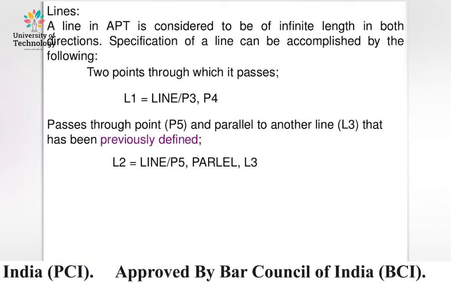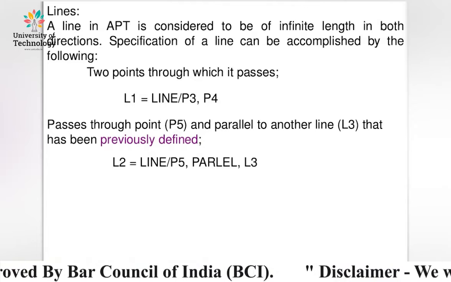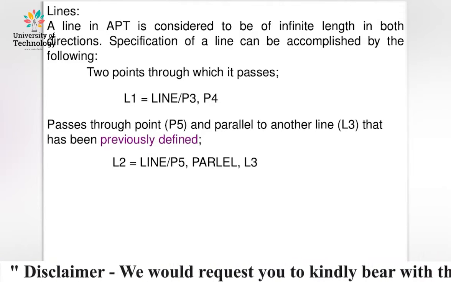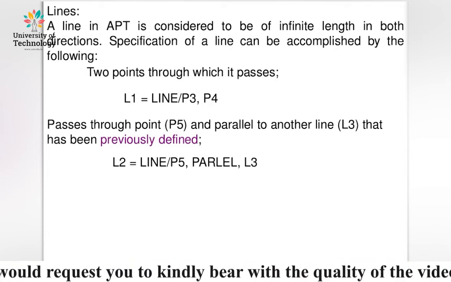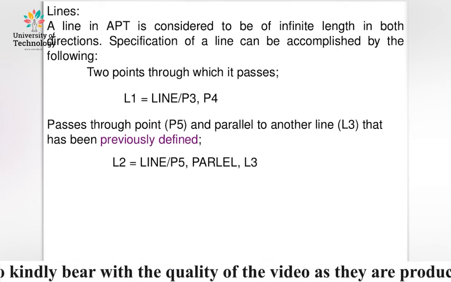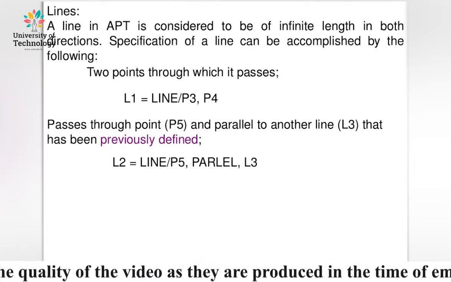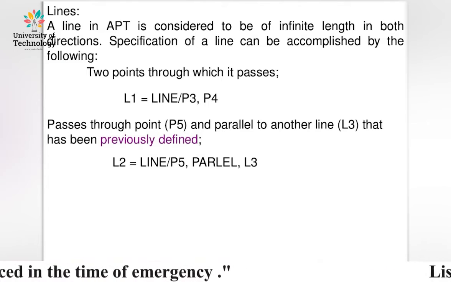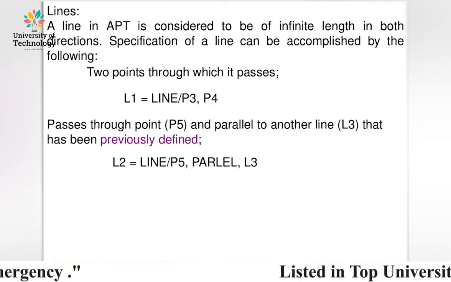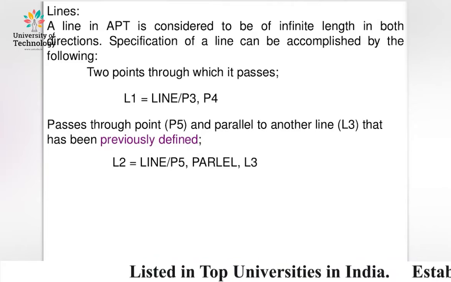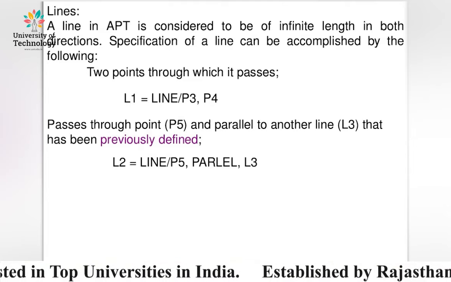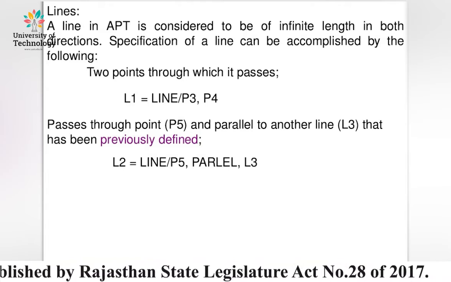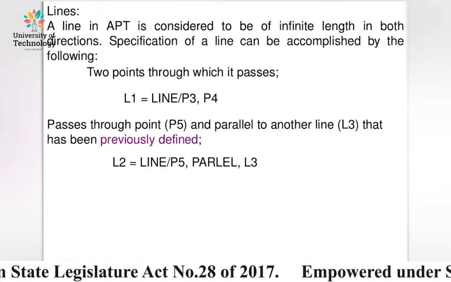P3, P4 denote the line segment. Or a line that passes through point P5 and is parallel to another line L3 that has been previously defined: L2 equals LINE slash P5, comma, PARALLEL, comma, L3. That is the writing method of this particular geometry in APT language.